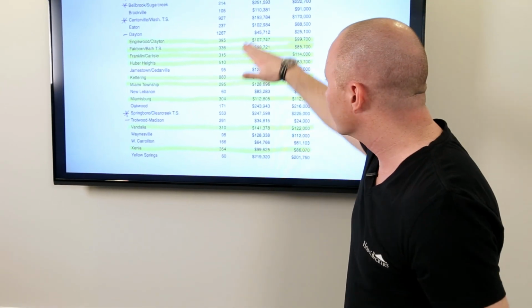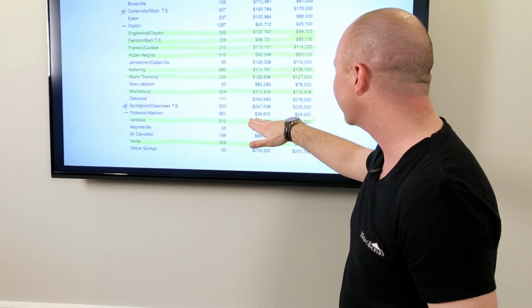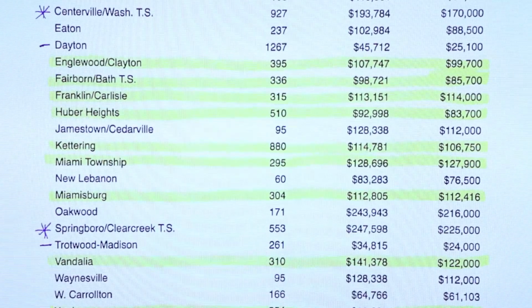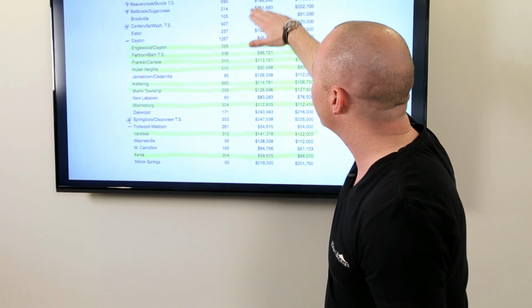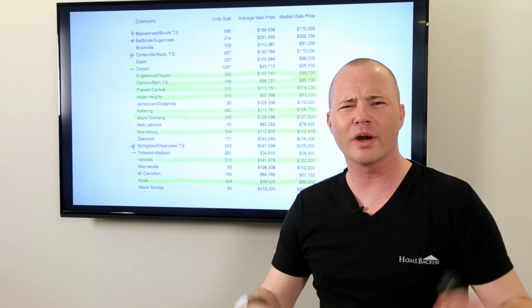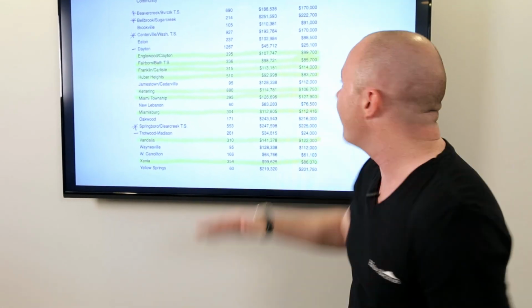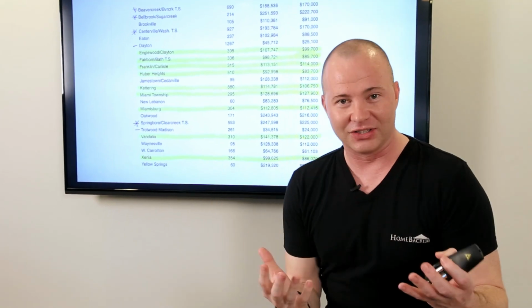So that's a great area to wholesale properties in. Same with Trotwood, Madison, 34,000, with 261 homes sold last year. Great area to wholesale. And then going back to Beaver Creek, Bellbrook, and Centerville, those are great places to rehab, because they sell for top dollar and they sell a lot of them.